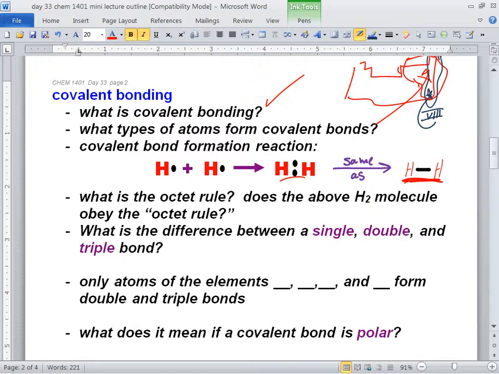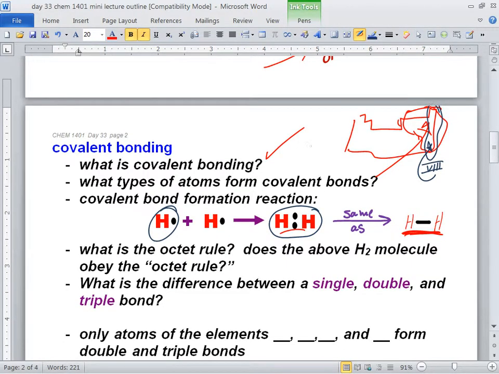Here it doesn't. But now each hydrogen has how many valence electrons around it? 2. What noble gas has 2 valence electrons? Up here at the very corner? Helium. Helium has 2 valence electrons. So it's meeting the essence of the idea.